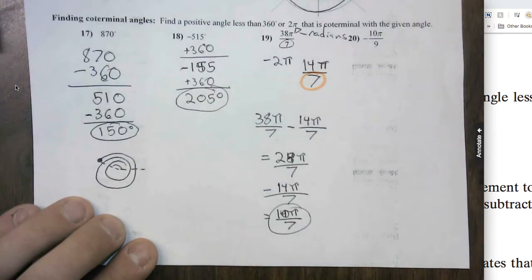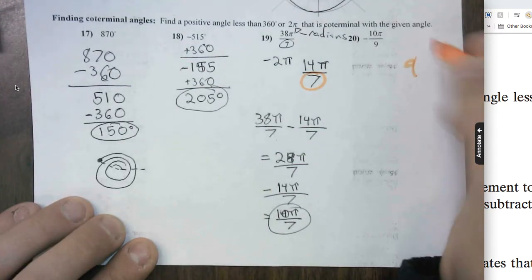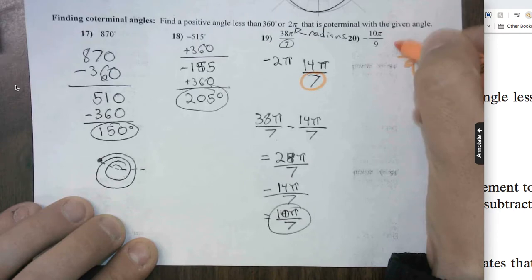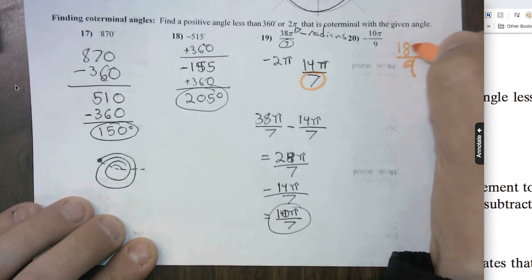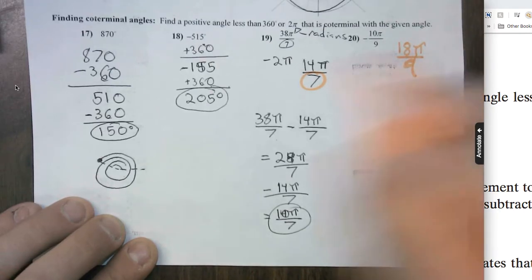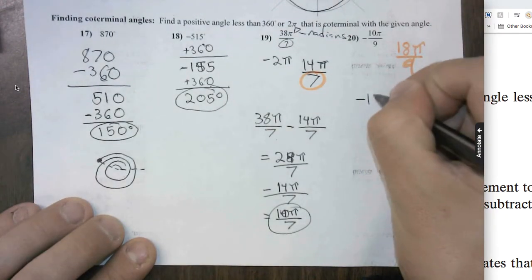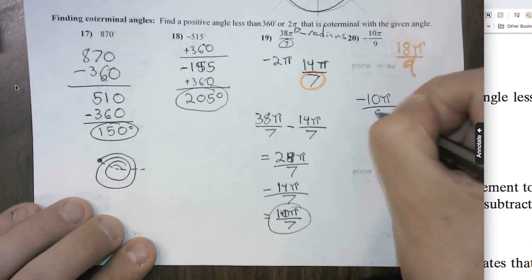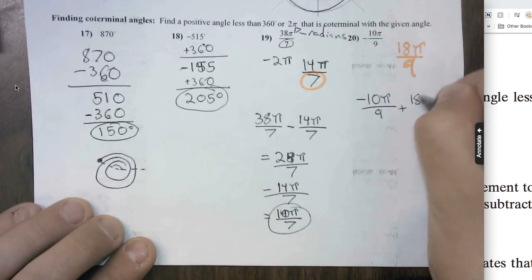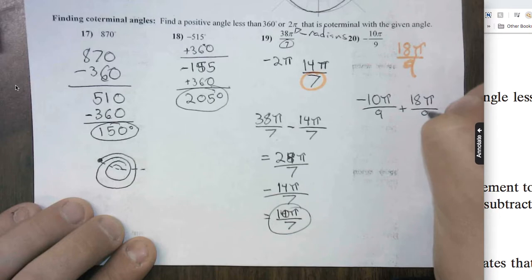So remember that we want to reuse the denominator, in this case 9. If we multiply that by 2, 18 pi over 9 is what we're going to have to keep adding to this setup here. So let's take negative 10 pi over 9. Let's add on 18 pi over 9.